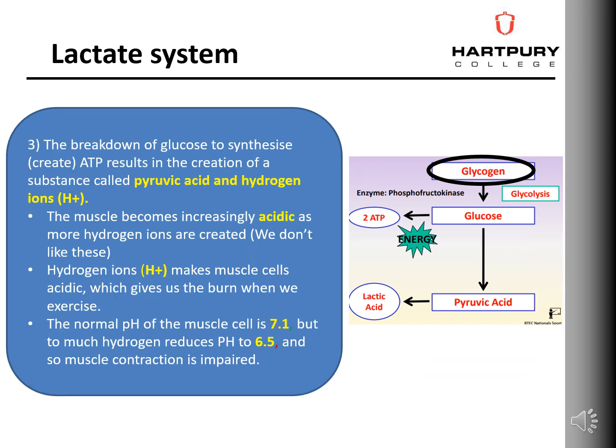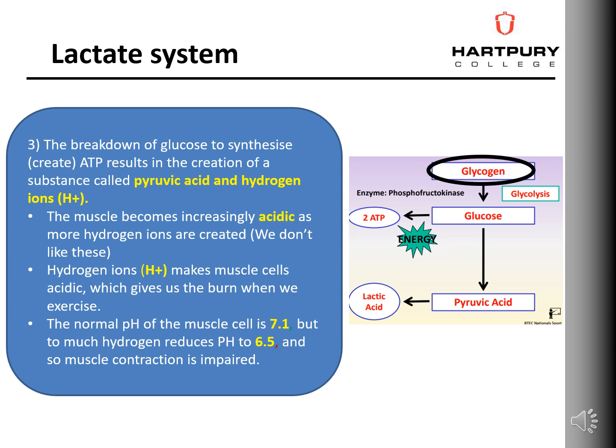Just explaining this breakdown then, the breakdown of glucose to synthesize ATP results in the creation of pyruvic acid and hydrogen. Essentially the muscle becomes increasingly acidic because more hydrogen ions are created, and we don't like hydrogen ions. They're not good for our muscles.